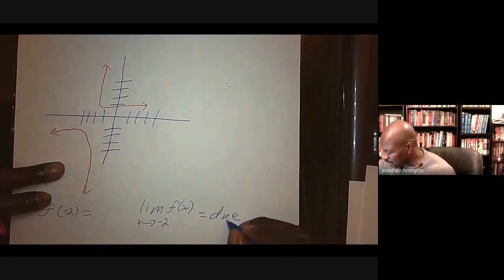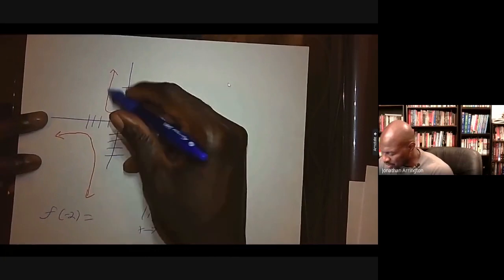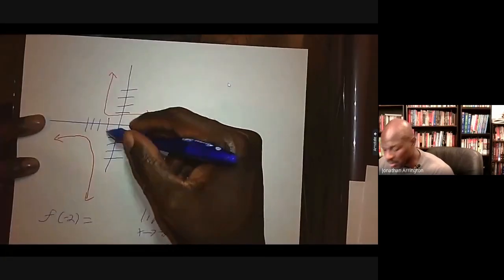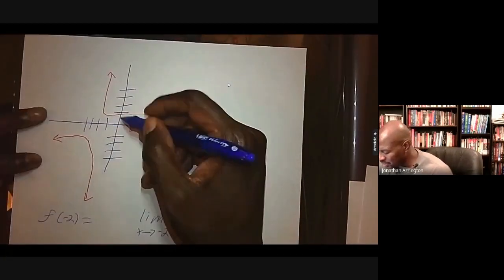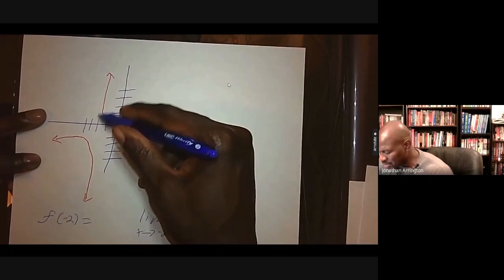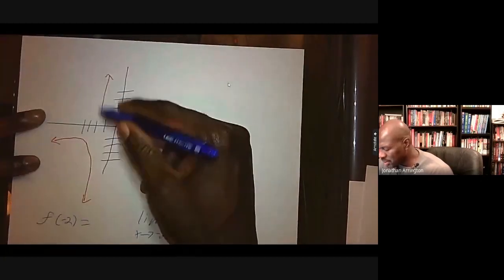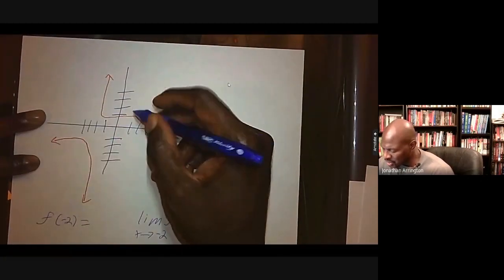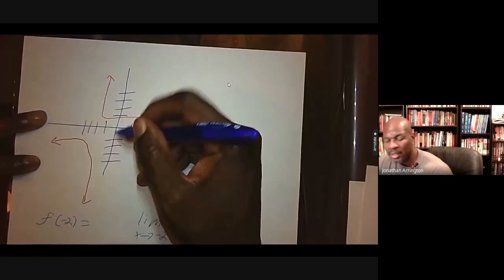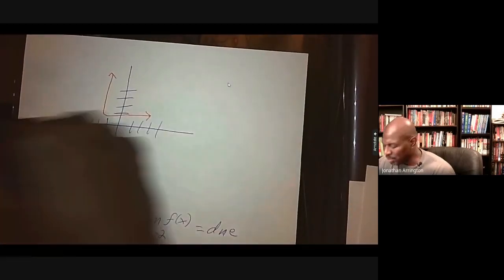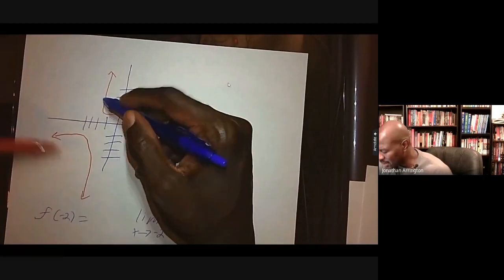Actually what's happening here is there's a vertical asymptote, something I believe you've heard of before. Whenever you see the function approach an x value, and it could be expressed as a vertical line, and you see the function shoot straight up or shoot straight down, that is an indication of the presence of a vertical asymptote.